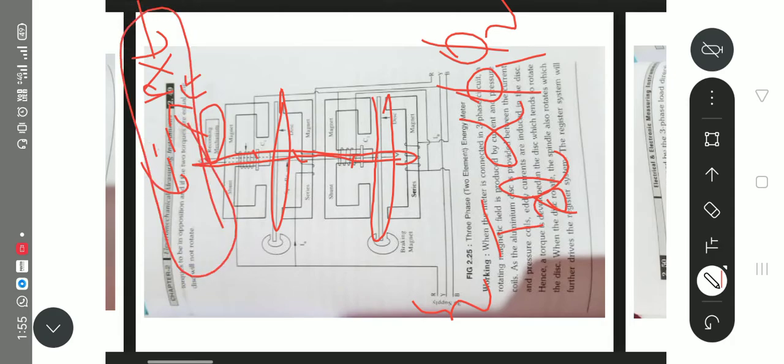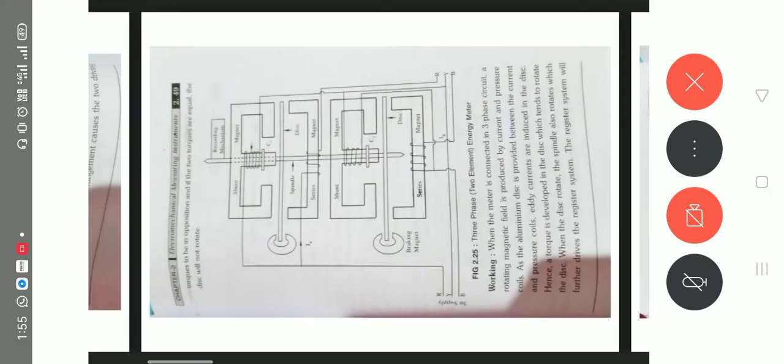This is the three phase energy meter connection and working principle. Anyone have doubts? Ask me. Sometimes the aluminum disc will be rotating faster or slower. We can control it by using the braking magnet here.